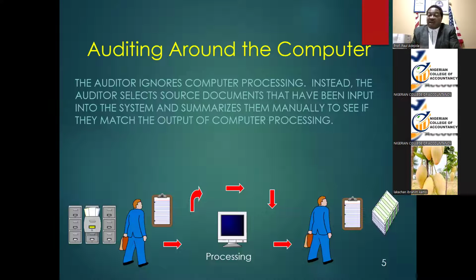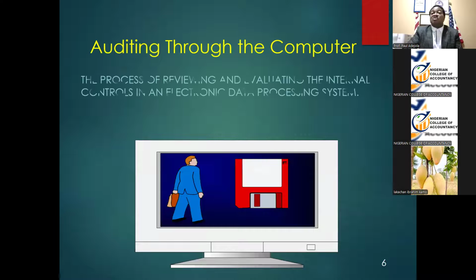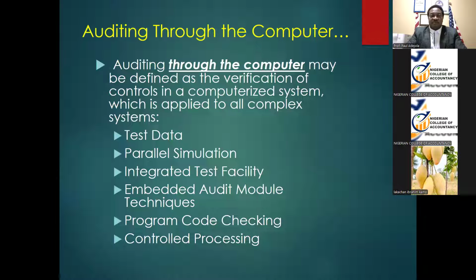Let me check whether all these source documents match what we have as the output. Now, auditing through the computer is the process of reviewing and evaluating the internal controls in an electronic data processing system. And I did mention that we have the input control, the processing control, the file control, and the output control.